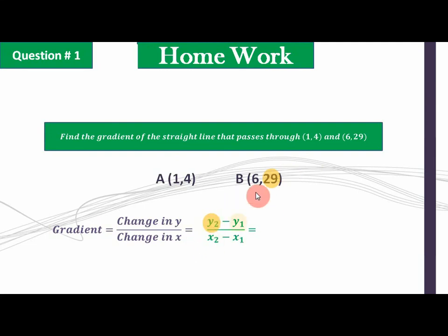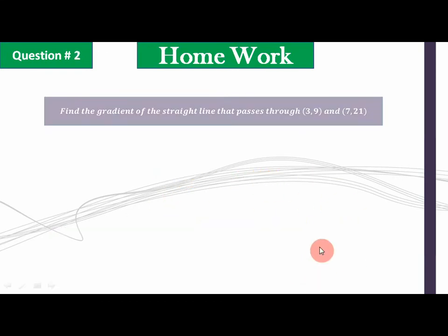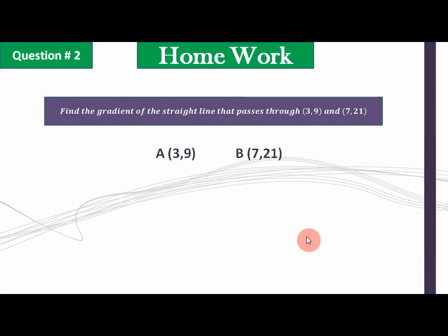Y2 is 29, y1 is 4 and x2 is 6 and x1 is 1. By substituting these values in the formula, you get 25 over 5 is 5. Now you are going to solve the further steps to find the y-intercept and write the equation of this line, AB line.